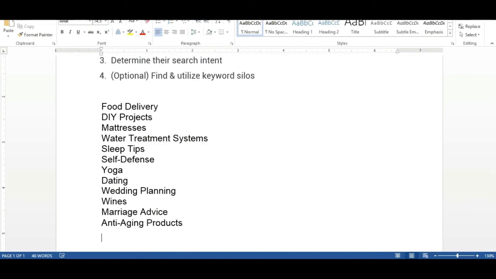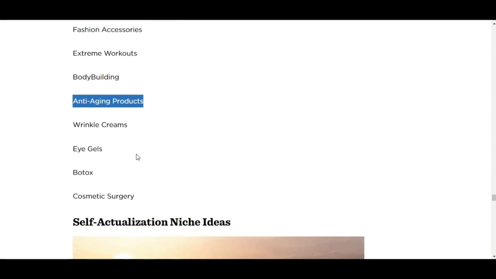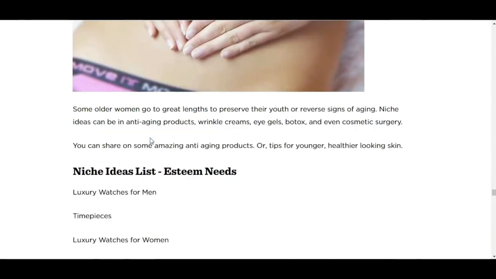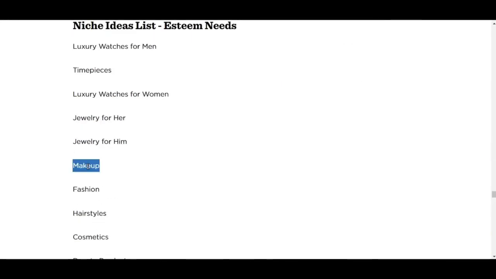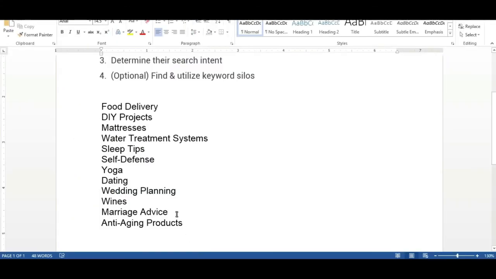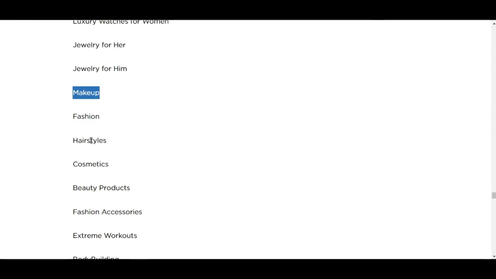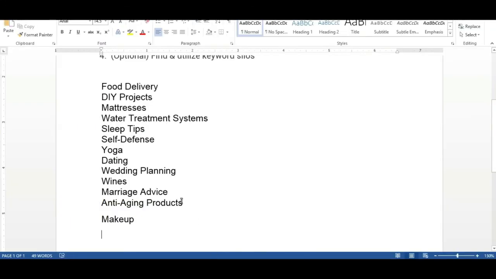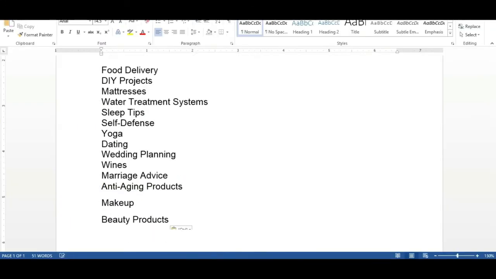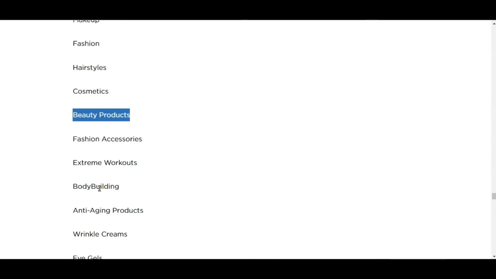And let's go to the beauty products, makeup, and cosmetics, beauty products. Let's get to the beauty products and body beauty. Nice.